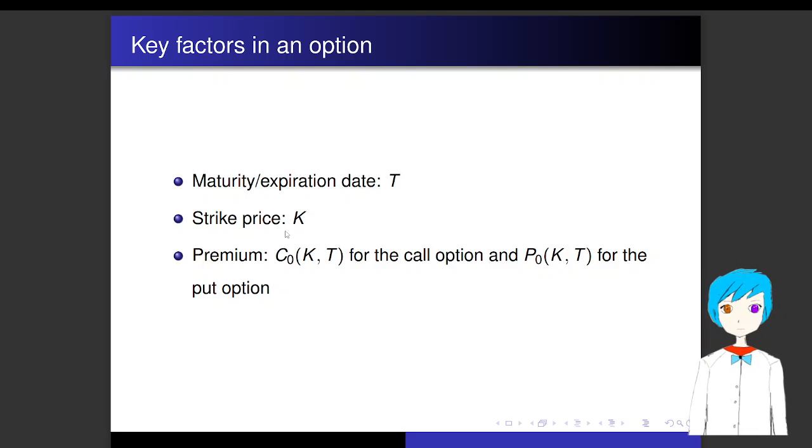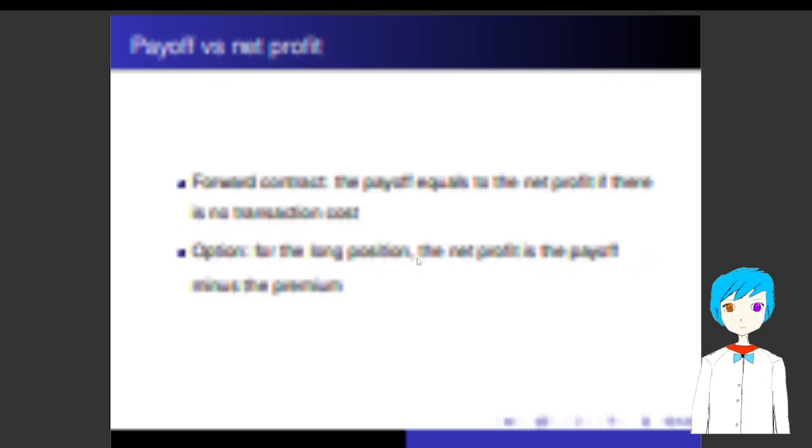For the call option, the premium is usually denoted by C_0 of strike price K as well as the maturity T. For the put option, it is usually denoted by P_0 of K and T.